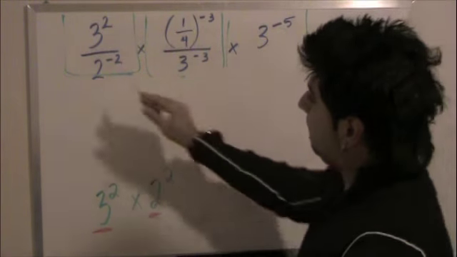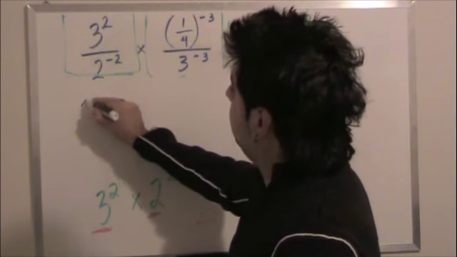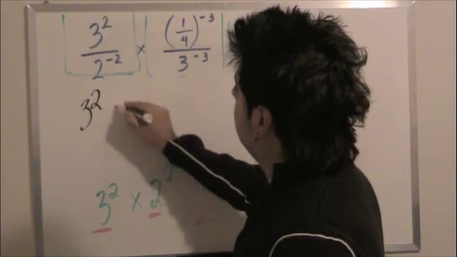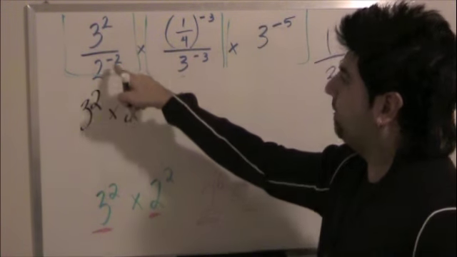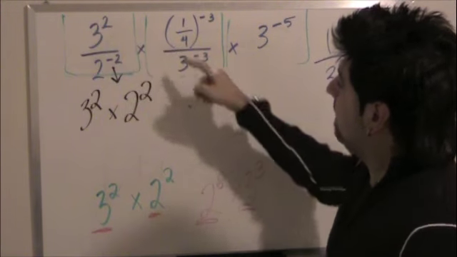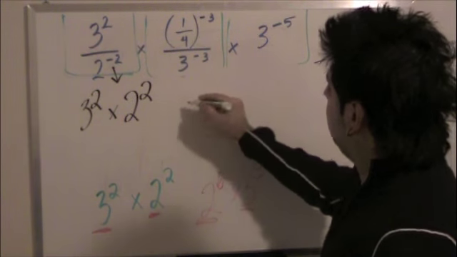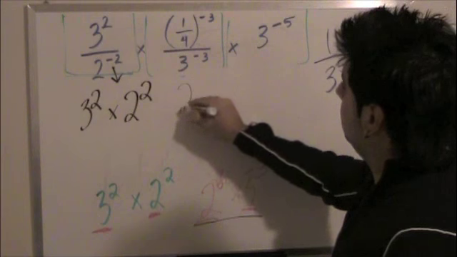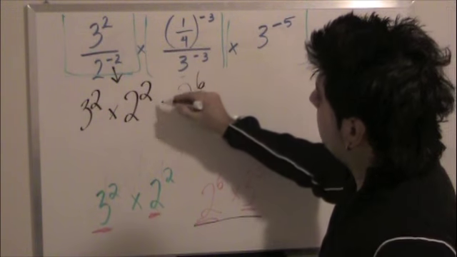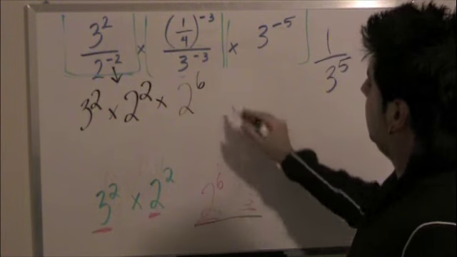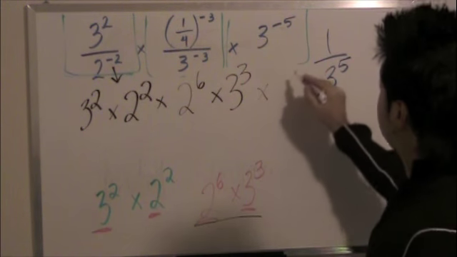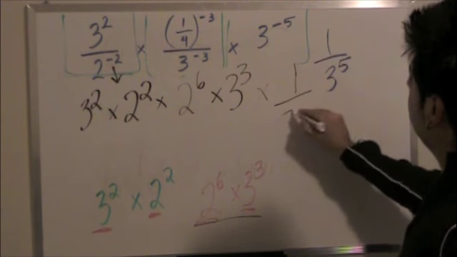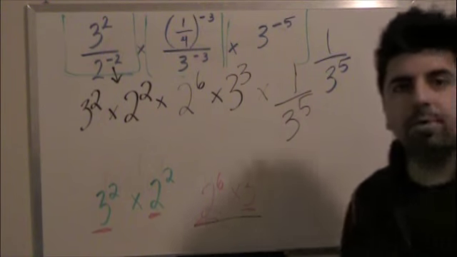So what I have is from this part 1, I got 3 to the power of 2 times 2 to the power of 2. That's from the first part here. Then times the second part, I got 2 to the power of 6, don't forget the times 3 to the power of 3, times this 1 over 3 to the power of 5.